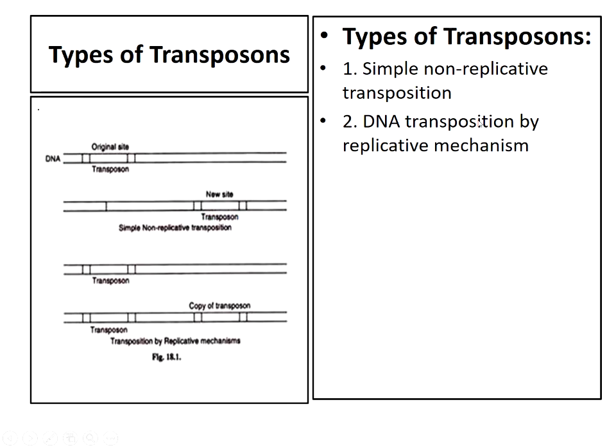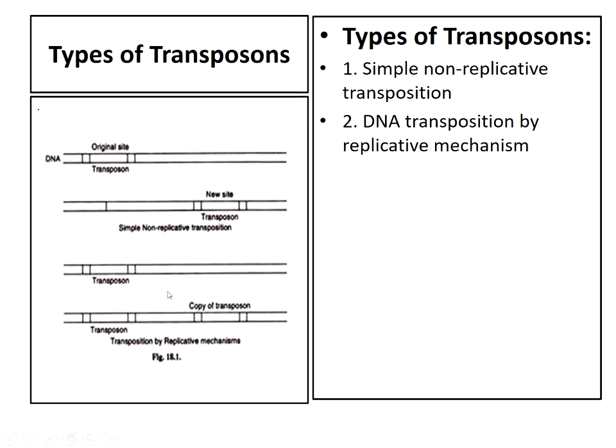The second one is DNA transposition by a replicative mechanism. Here the transposable segment generates a new copy by replication. The first copy remains at the original site and the second copy moves to a new site anywhere within the genome.